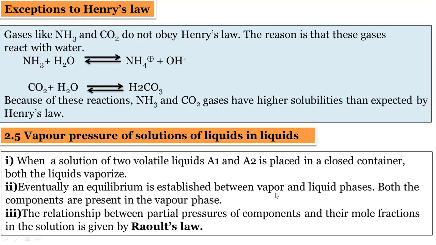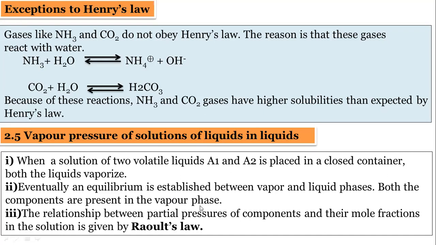Means this evaporation will be stopped at one stage. Equilibrium will be present, and vaporization, meaning evaporation and condensation, will be stopped at equilibrium. So both the components are present in the vapor phase.